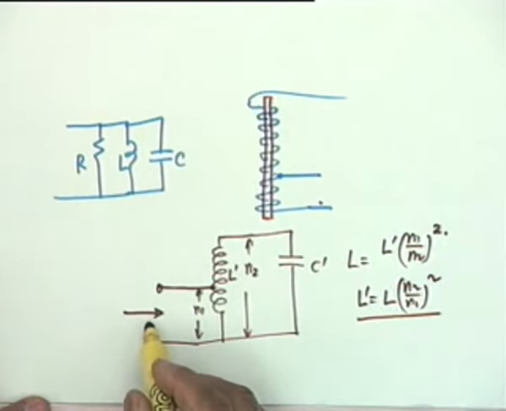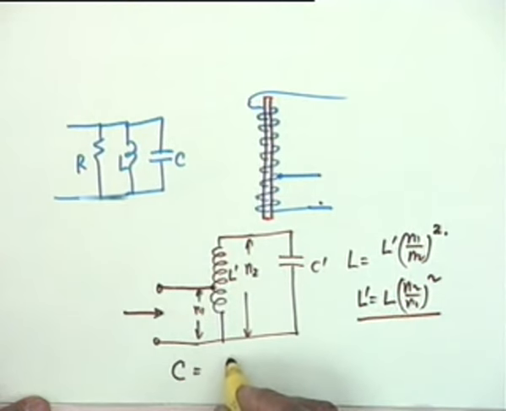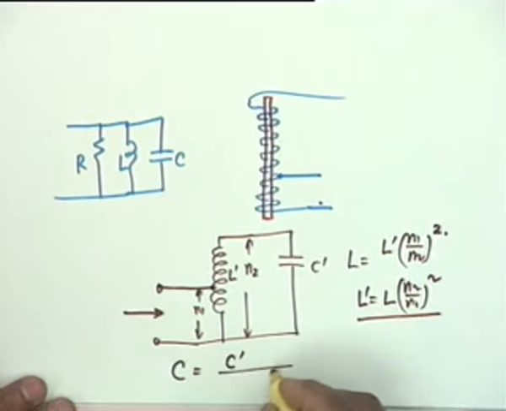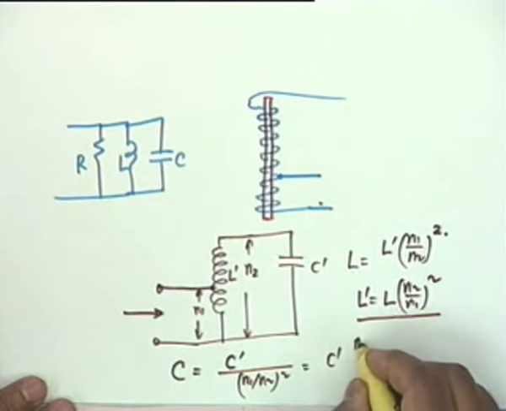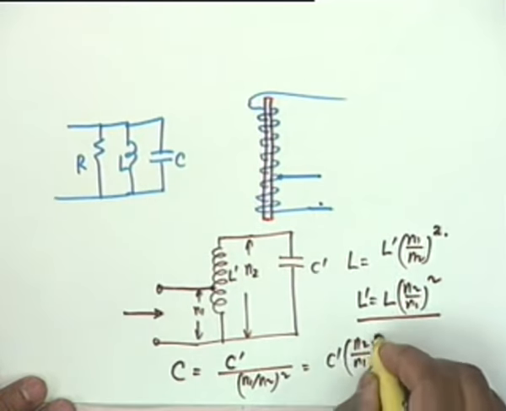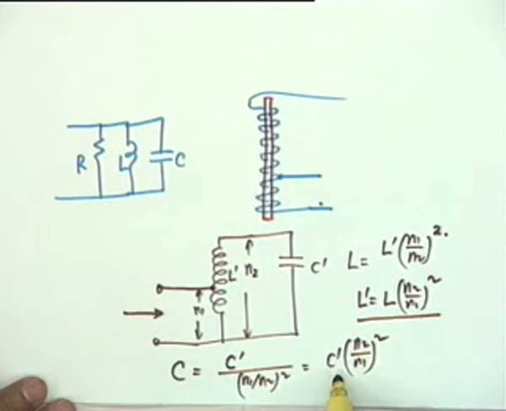Similarly, the capacitance that you see here, C, would be equal to C prime divided by N1 by N2 whole squared, which is equal to C prime times N2 by N1 whole squared. Therefore, the actual capacitance that you use is less than the capacitance that is required. Is that clear?